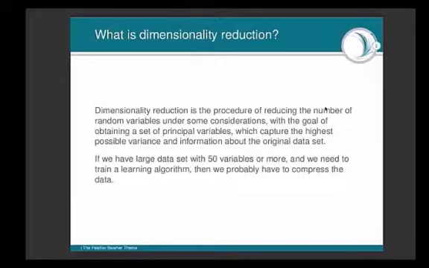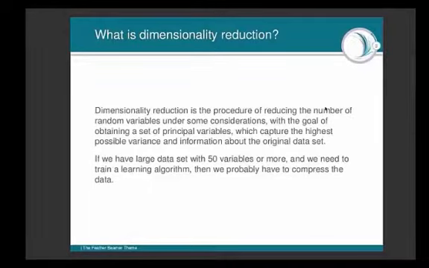Dimensionality reduction is the procedure of reducing the number of random variables under some considerations, with the goal of obtaining a set of principal variables which capture the highest possible variance and information about the original dataset.